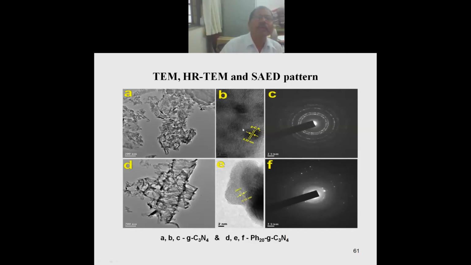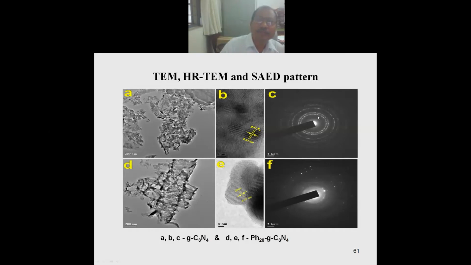This HR-TEM shows the flat fringes of g-C3N4 of the 002 plane at 0.32 nanometer. For the phenyl grafted g-C3N4, the 002 plane is 0.33. There is an increase in the lattice d-spacing after grafting, and this is again the SAED pattern.